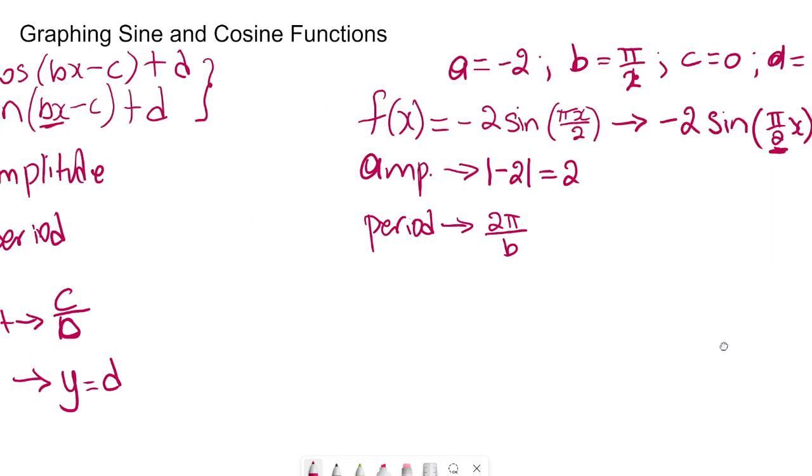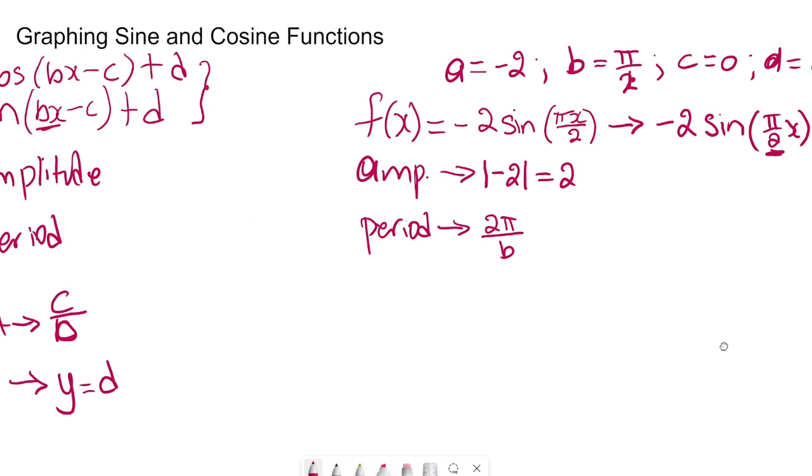All right, so with this information, we can just plug in. Our period is 2 pi over the absolute value of b, and we say the absolute value because you could have a negative sign there, but in this case, it's positive. So it would be 2 pi over pi over 2.